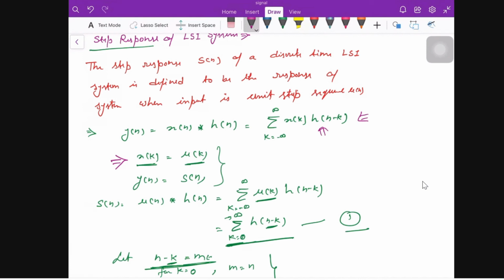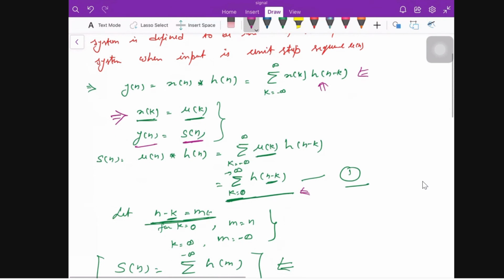When we do this it will be your step response. So the output we have taken as, for the step response, Sn. Now when you put this value we will get this equation over here, the sum over k equal to 0 to infinity of h n minus k. Now let's say n minus k equal to m.